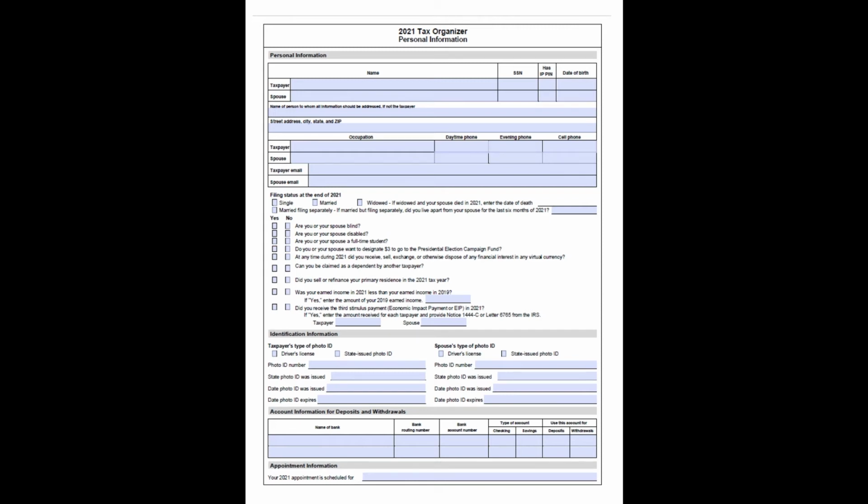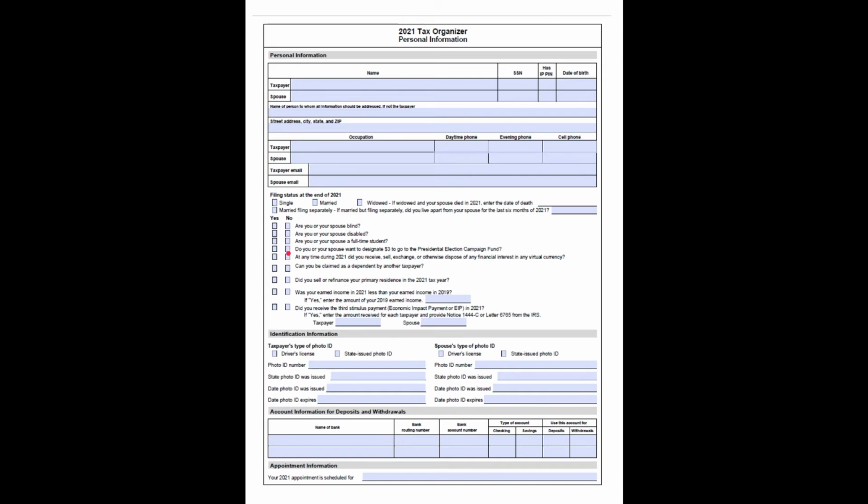Basically, this is just saying yes or no, I want to allocate $3 of the income tax that I have already paid in to the presidential election campaign fund. It's not an additional $3. It's not going to come out of your refund. It's not going to cause you to have any additional tax. It bears no weight on anything to do with your tax return. It's just you volunteering to allocate $3 of the tax you've already paid to this fund.